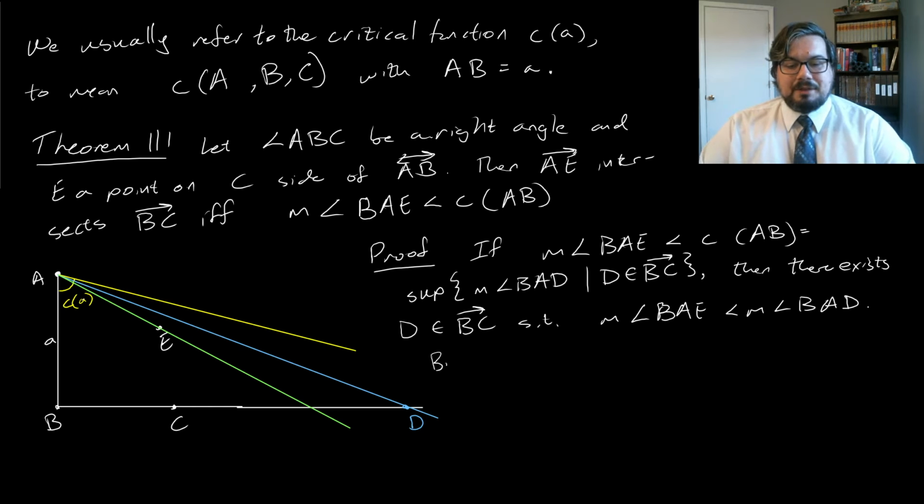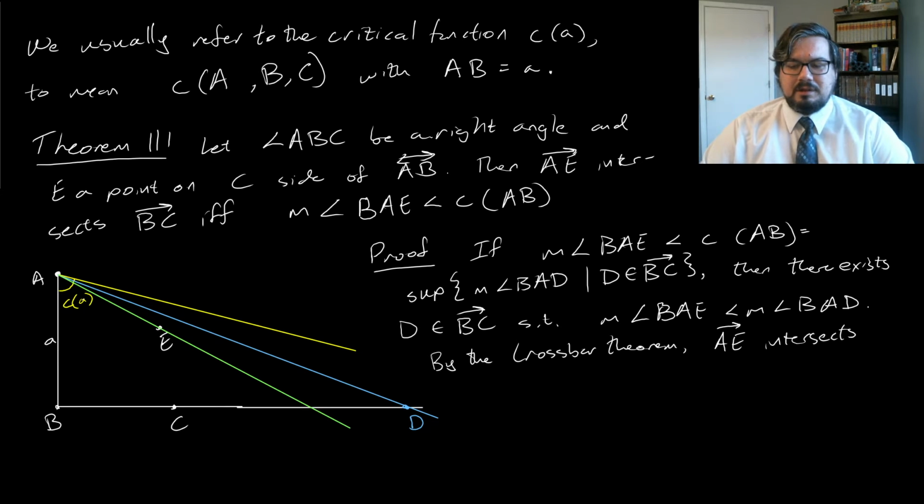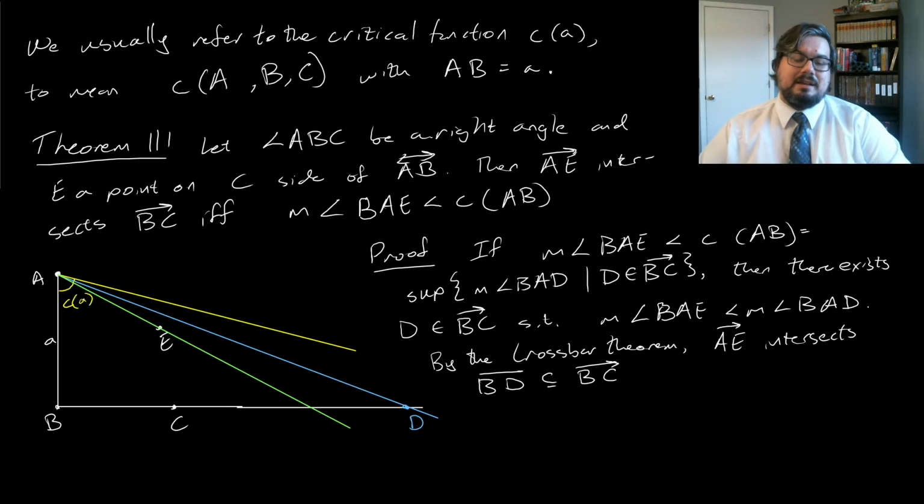So now, by the crossbar theorem, the ray AE intersects the ray BD, or the segment BD, which is itself a subset of the ray BC. So that proves that if the measure of BAE is less than the critical function, then that ray AE will intersect the ray BC.